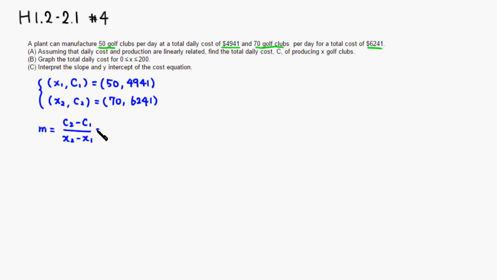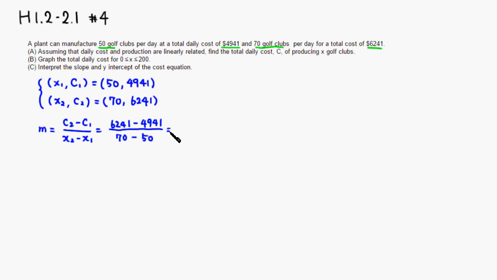So this is going to be C2 is 62.41 minus C1 is 49.41. Right, then X2 is 70 and X1 is 50.